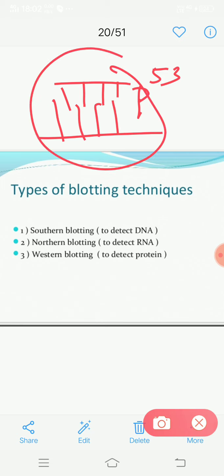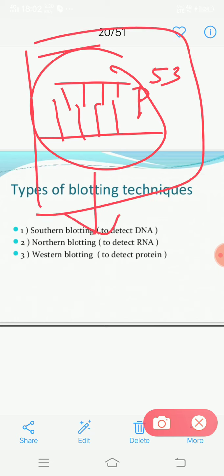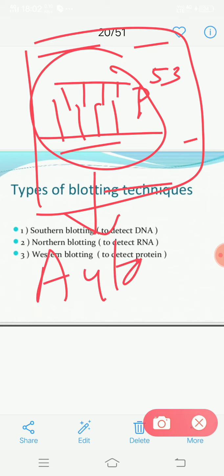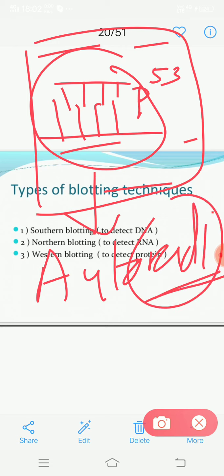After hybridization, you have to see this nitrocellulose or whatever your blotting paper under the autoradiography. Why autoradiography? Because you have attached a radiolabeled probe to your gene of interest.